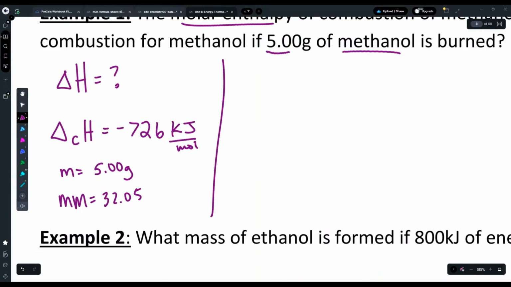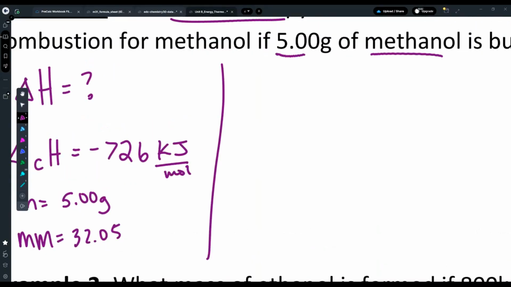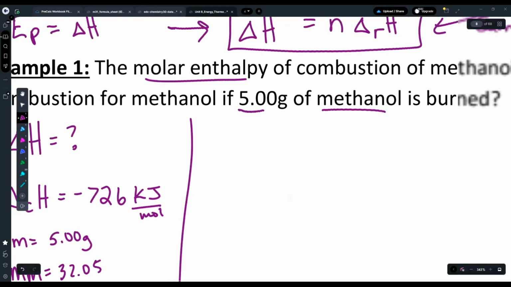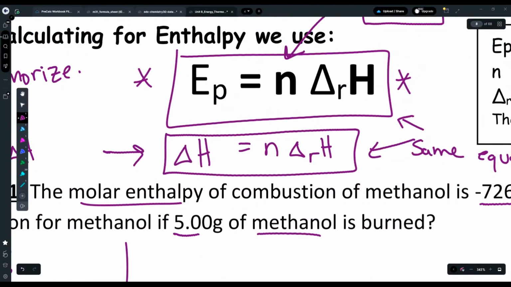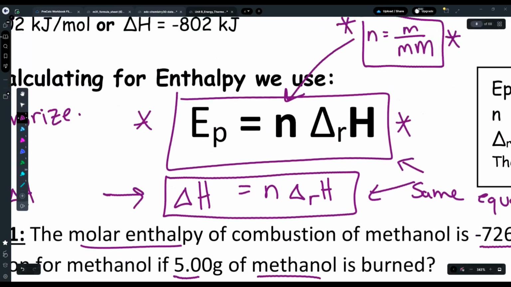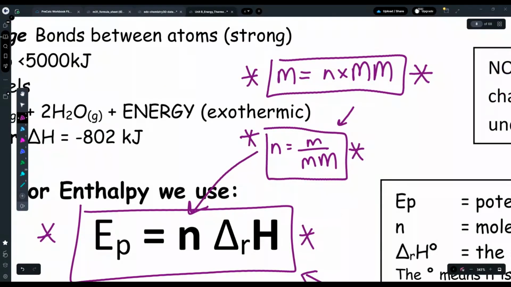All right. So in this case, first thing we're going to do is find moles. The reason why we're going to find moles is because we don't know what change in enthalpy is, so that's what we need to find. We need to have moles and molar enthalpy before we get going on this. So moles is going to be equal to mass divided by molar mass.